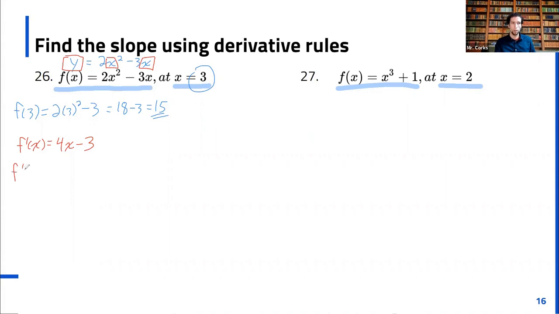So f prime of 3, so just substitute x into this function, is 4 times 3 minus 3, 12 minus 3, 9. So this is the slope of the original function, our 2x squared minus 3x. When x is equal to 3, slope is equal to 9.